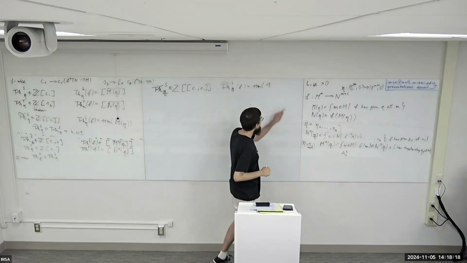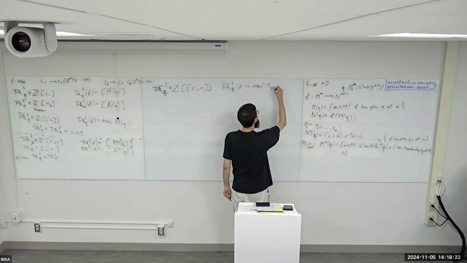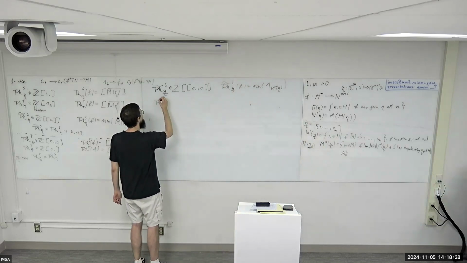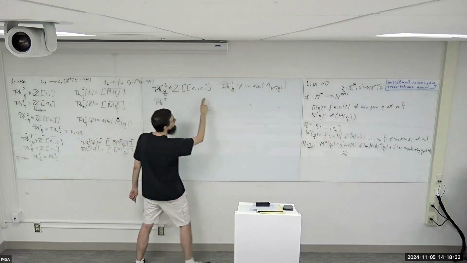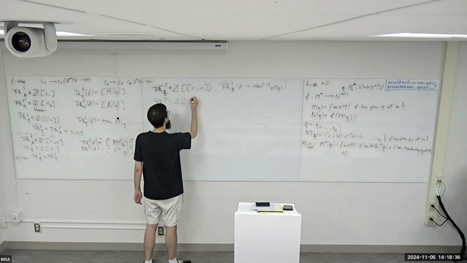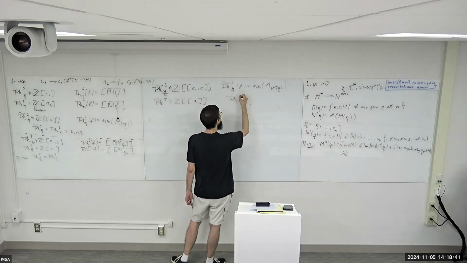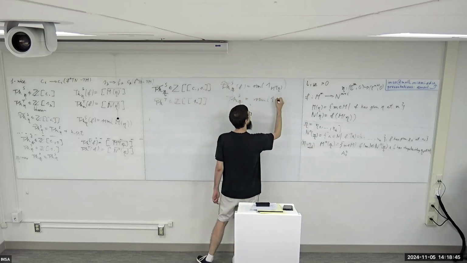And here I really want the function 1 on this set. And the same in the target, which computes SSM of 1.